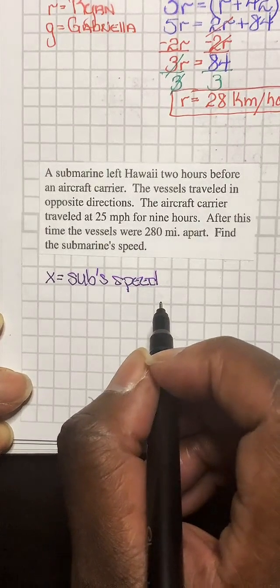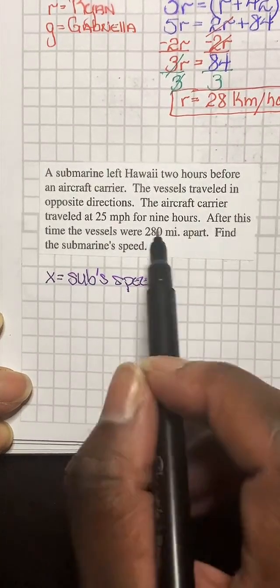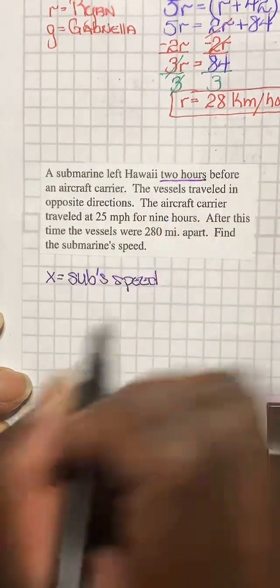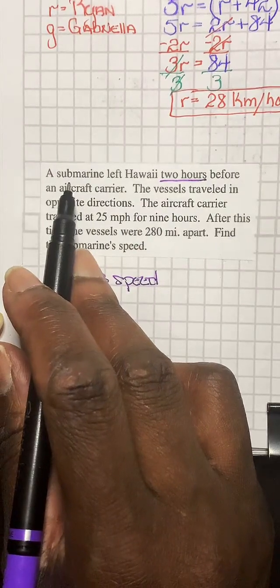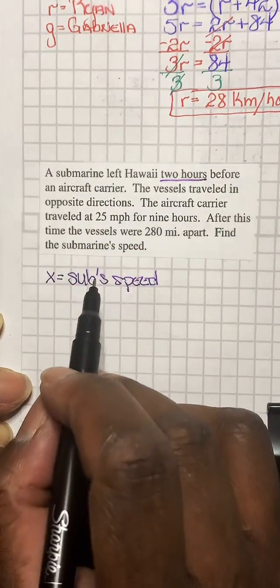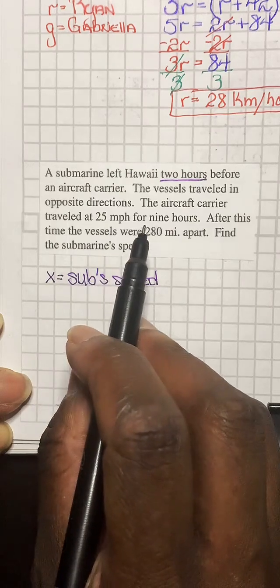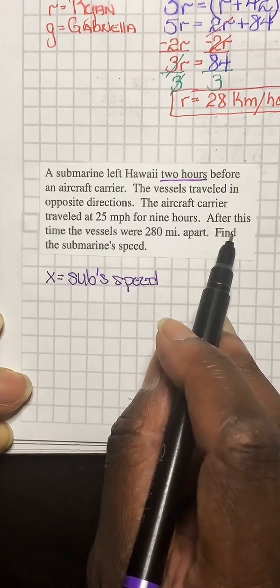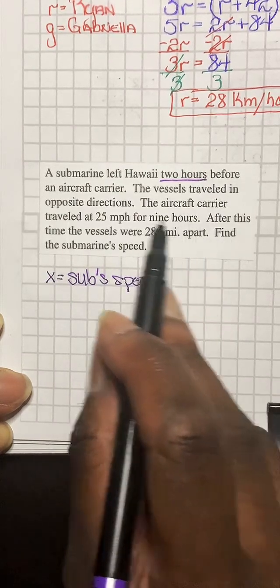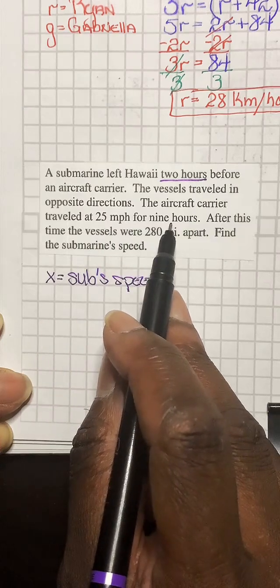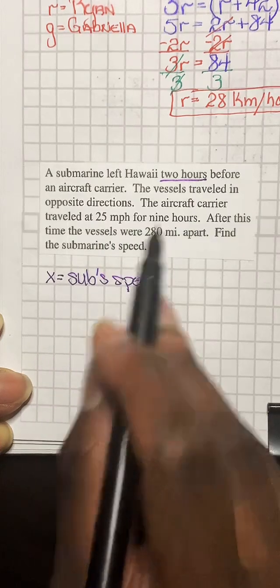All right, so we're looking at what they gave us. There was 2 hours the submarine traveled. Okay, they were going in opposite directions. And we also had something with the aircraft carrier, which traveled at 25 miles per hour for 9 hours.